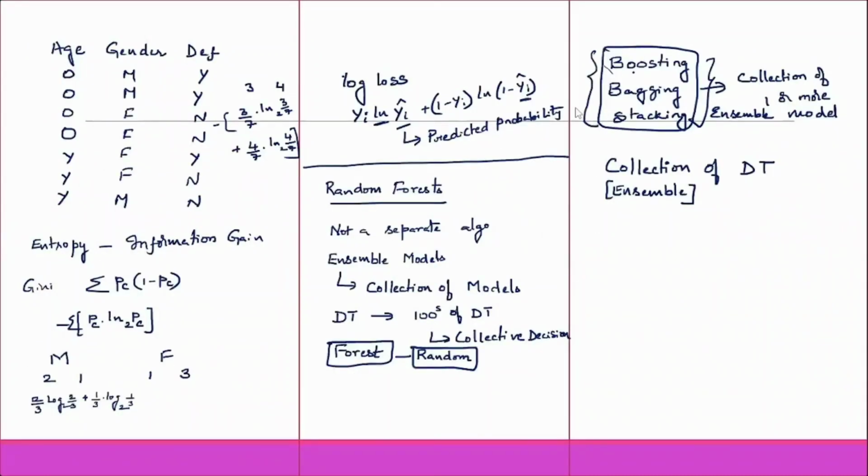Boosting, bagging, and stacking. The random forest belongs to a family called bagging. Bag is nothing but bootstrap and then aggregate. Bootstrap and then aggregate, that is what is called bagging.